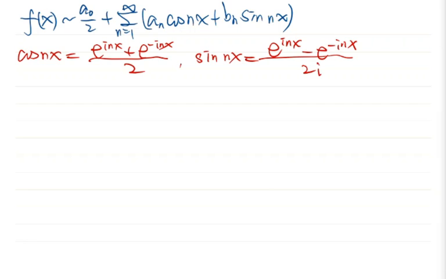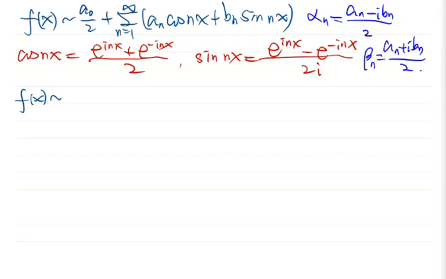So using this, we define alpha n to be (an minus i bn) divided by 2, and beta n to be (an plus i bn) divided by 2.